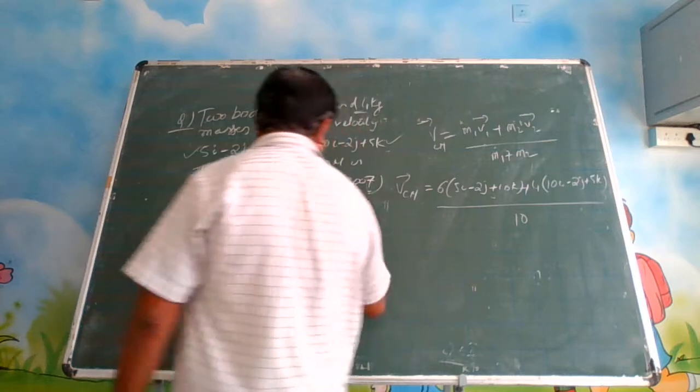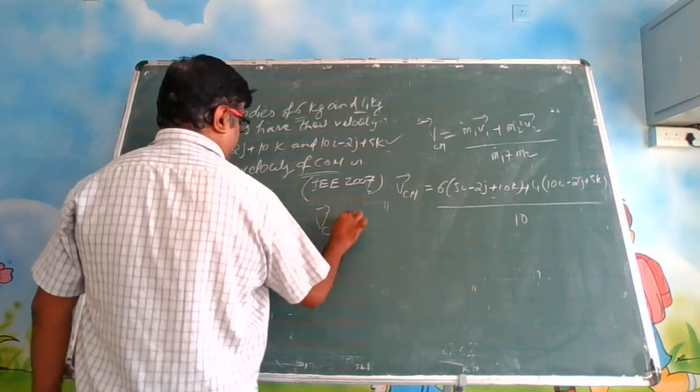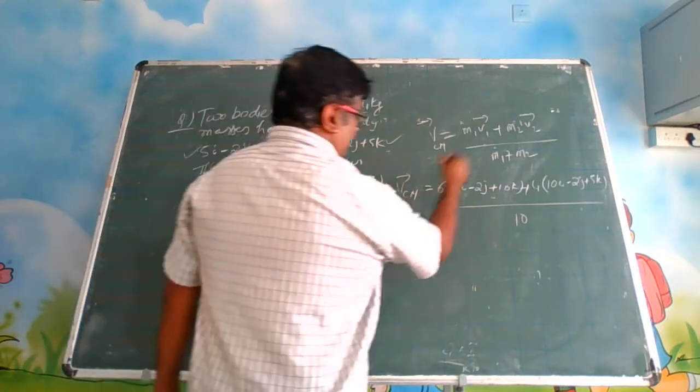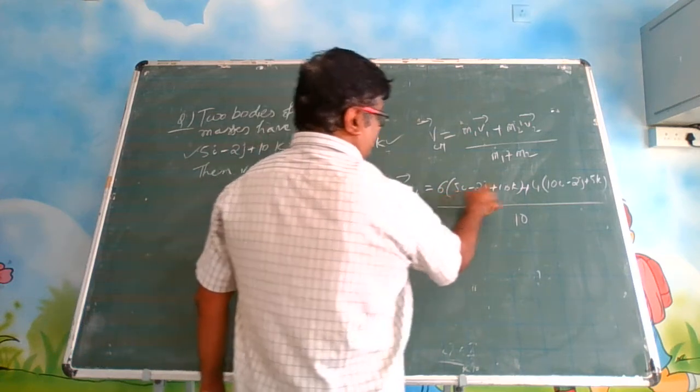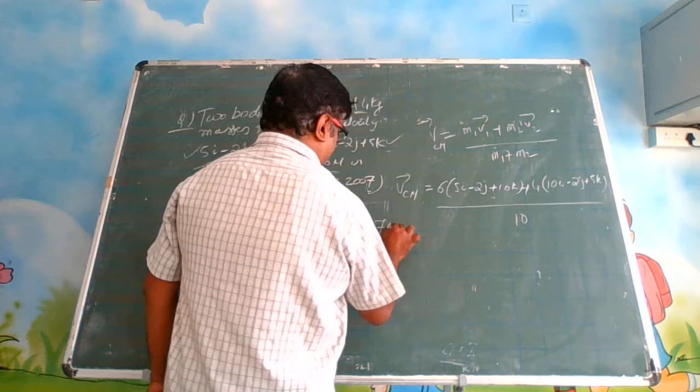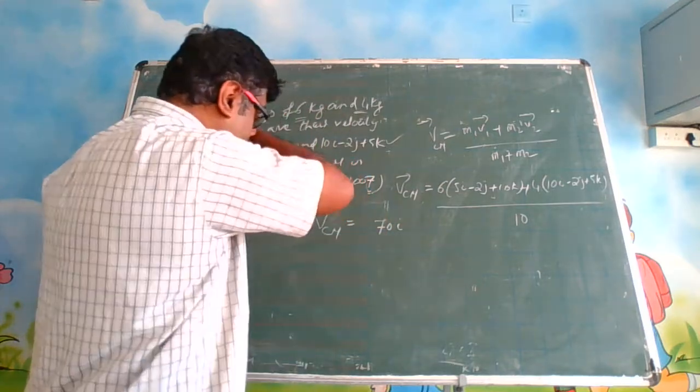Let's simplify that. So VCM vector is equal to, I am doing directly, 6 into 5, 30, take the i, 30i, 40i, 70i. Okay?